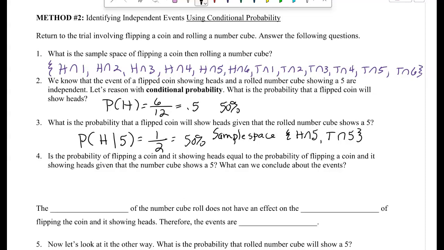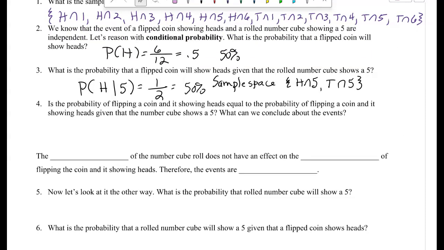So here's the cool thing. Look what it's asking. Is the probability of flipping a coin and it showing heads equal to the probability of flipping a coin and it showing heads given that the number cube shows 5? So I'm asking this. If I have the probability of heads, does it equal the probability of heads given 5? And what's the answer? Yes. If that happens, guess what your events are going to be?